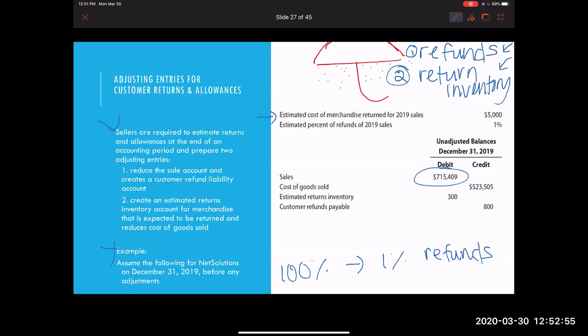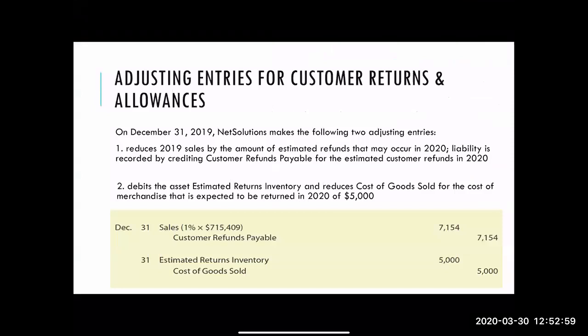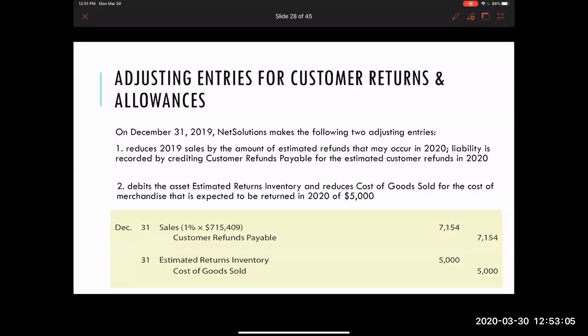If I go to the next slide, it says we expect 1% of that. So our calculation is the $715,409 of sales times the 1% that we expect customers will be asking for a refund. And so we have a debit to sales and a credit to customer refunds payable, right?